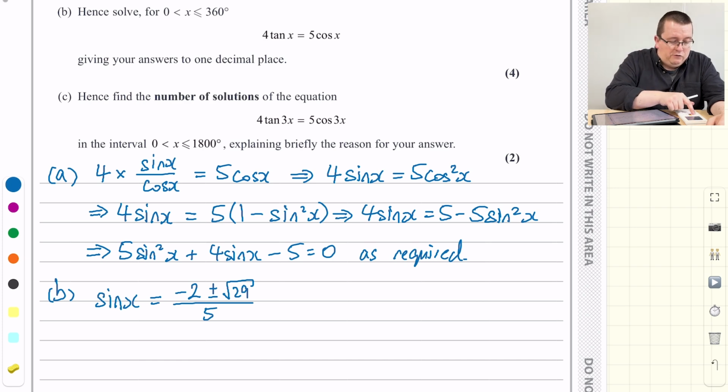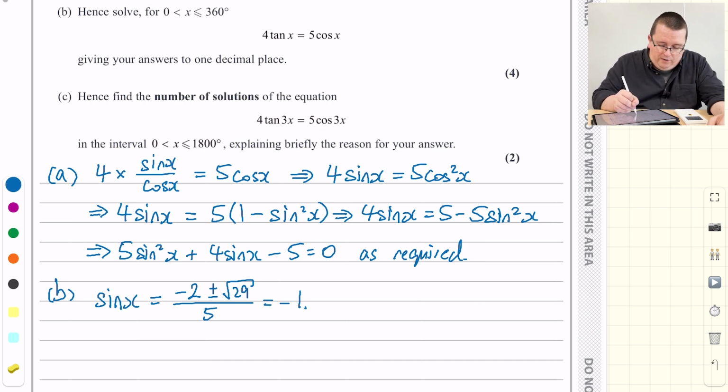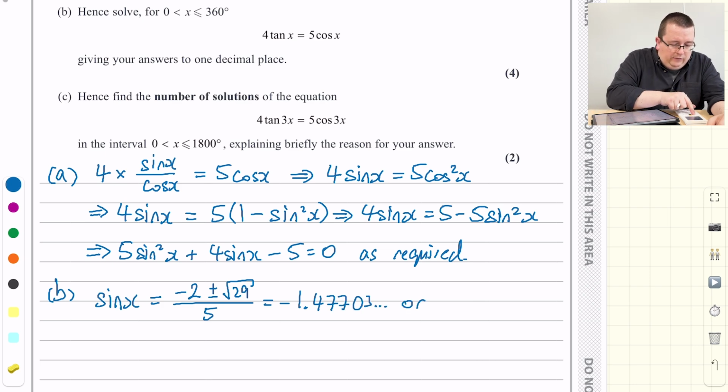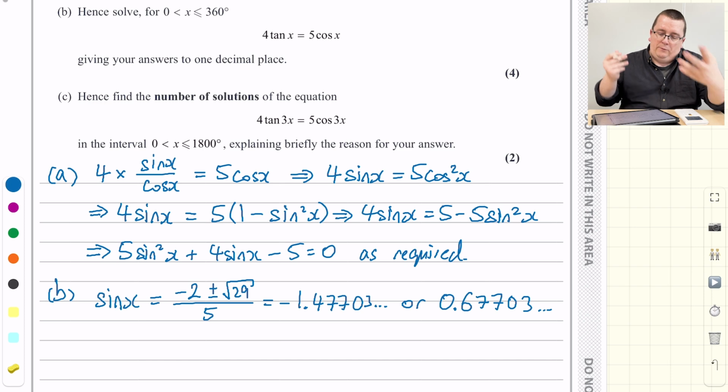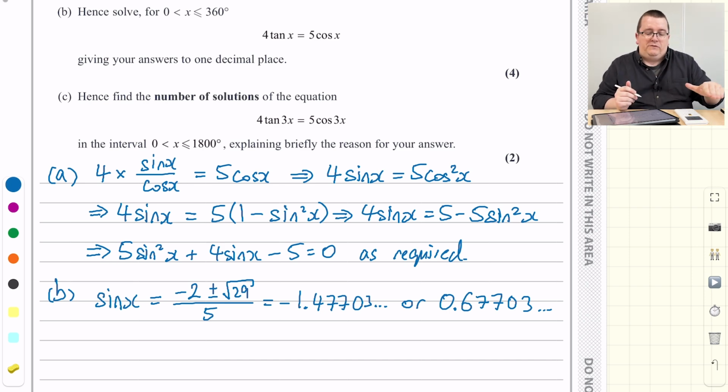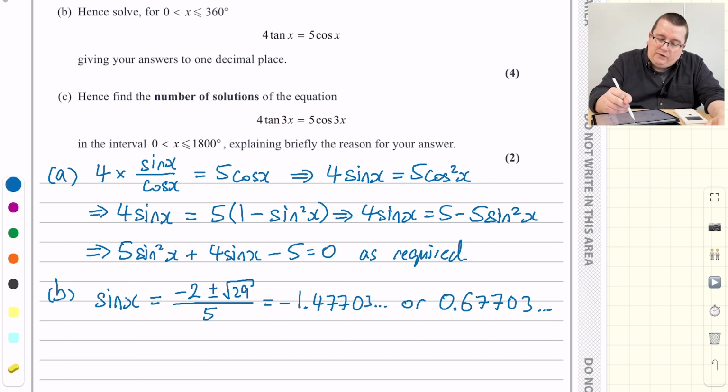Okay, so let's work out what the decimalised versions of those are. So if it's the subtraction, it's equal to minus 1.47703, etc. Or if it's the plus, we've got 0.67703, etc. Now, we can't have sine x is minus 1.477 because sine x goes between minus 1 and 1. So minus 1.477 would be strictly underneath the curve.